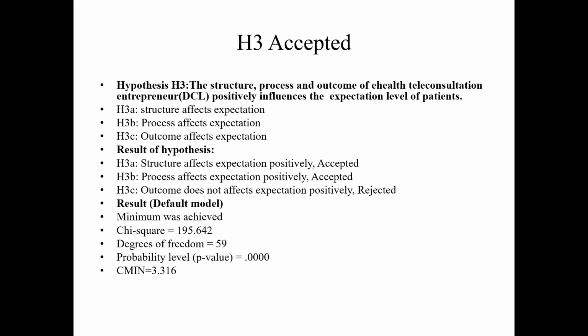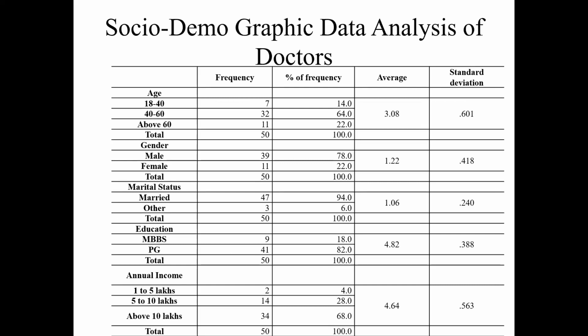Outcome doesn't affect expectation positively, this is rejected. So 2 hypotheses have been accepted and 1 sub-hypothesis is rejected. The result of default model, chi-square is 195.642, degree of freedom is 59, probability value is 0.000, CMIN value is 3.316.